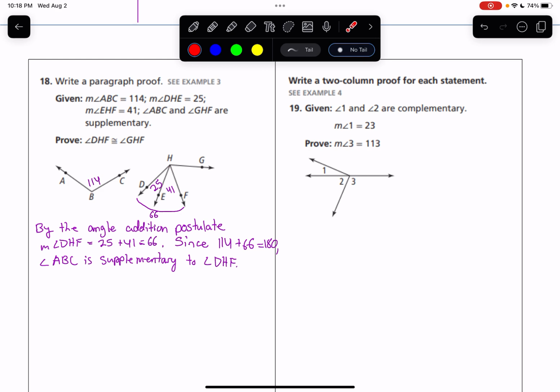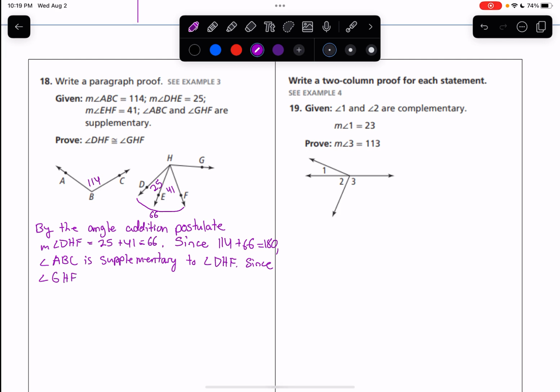And if one angle is supplementary to both other angles, those angles must be congruent to one another. So since angle GHF is also supplementary to angle ABC, then I know the angles are congruent.